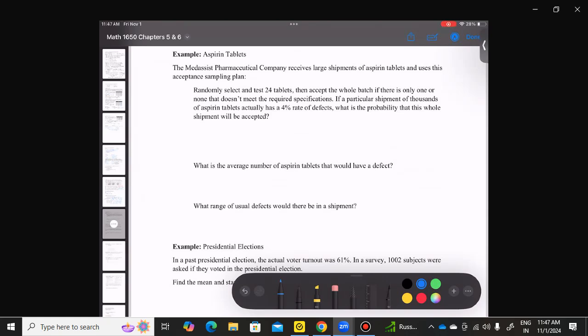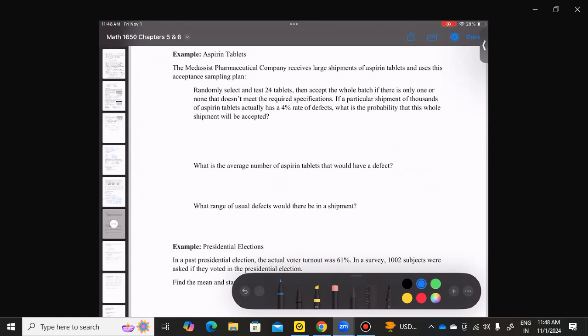Right, so they test 24 tablets, then accept a whole batch of all the tablets they have if there is only one or no tablets that doesn't meet the required specification, or you can say that has a defect. If a particular shipment of 1,000 aspirin tablets actually has a 4% rate of defect, what is the probability that this whole shipment will be accepted?